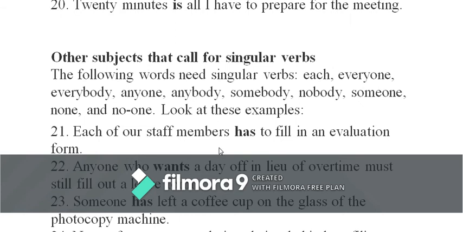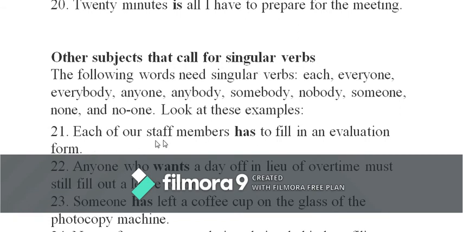So according to the context, we have to look at it very, very carefully. When the word each is mentioned, the verb, according to the rule, that is taken is that of singular.